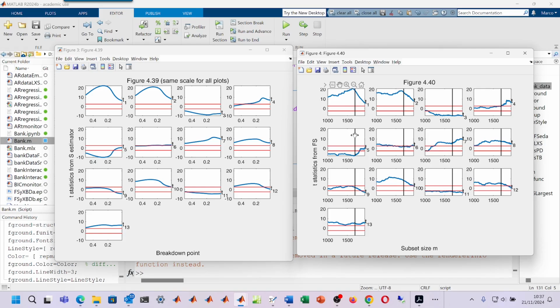And here you can see that on the right of this vertical black line, there is a change in some particular t-statistics, but not in all. So once again, we are able to understand from a particular point onwards what is the effect of a potential group of outlying observations.